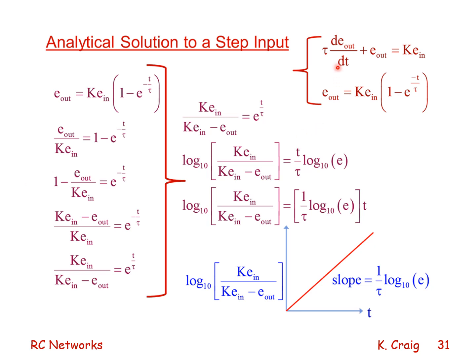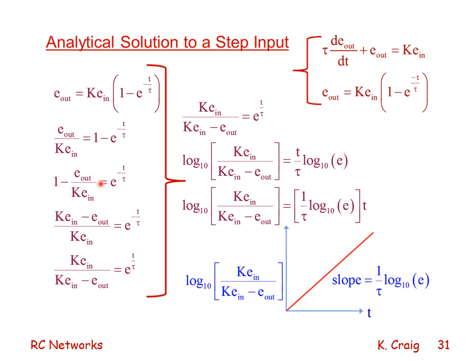Here is my first order ordinary differential equation. I know the solution is given by this expression. Let's work with this equation. If I take both sides and divide by k E in, I then get this equation here. If I then rewrite it so that on one side I have e to the minus t over tau, this equation results.